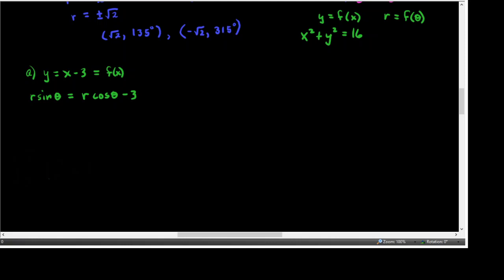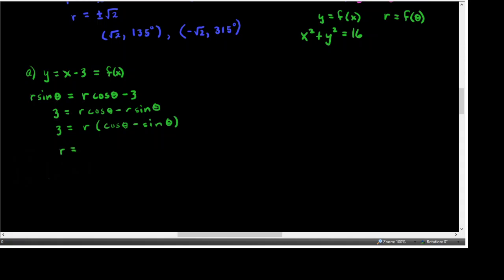Well, to solve this for r, I would add 3 to both sides and subtract r sine theta from both sides. That's to get all the r's together on one side of the equation. Then, to get a single r out of that, I can factor r out from both of those terms, and then divide to solve for r.